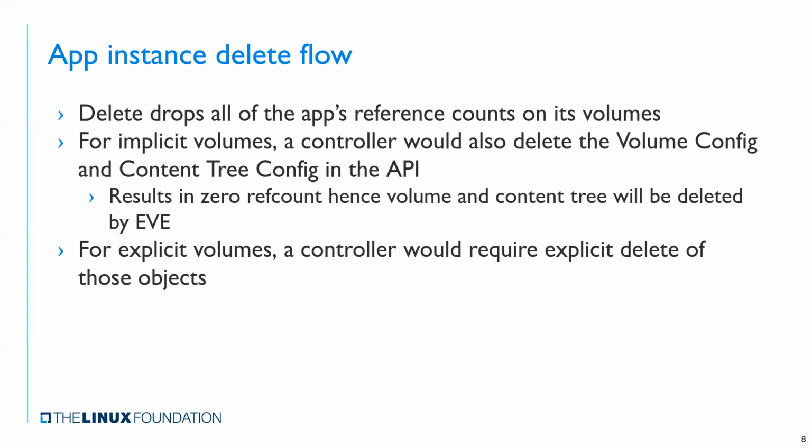You would go in there and say, I'm going to delete this object. If the app instance has a mixture of implicit and explicit volumes, it will take with it on delete the implicit ones, but not the explicit ones.